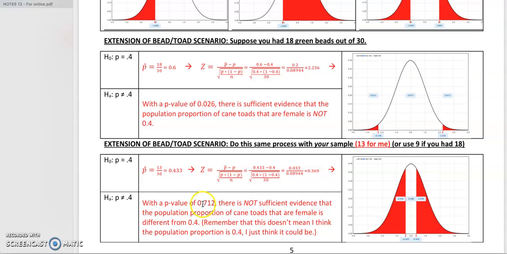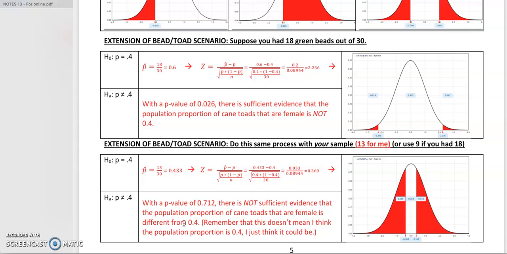About 70% of the time I would get results sort of like this. So in this case, even though I didn't get exactly 0.4 for my sample proportion, this does not seem like sufficient evidence that the population proportion is anything other than 0.4.